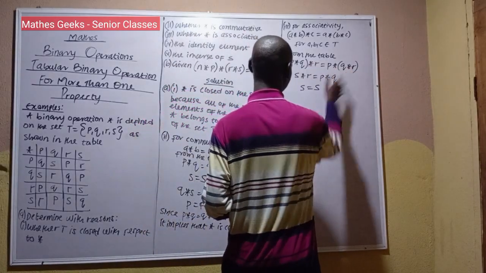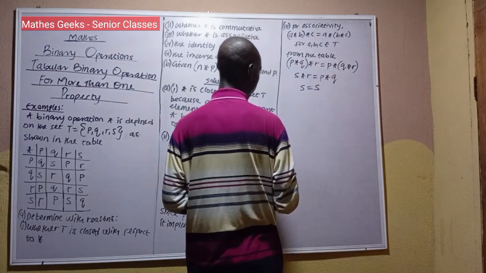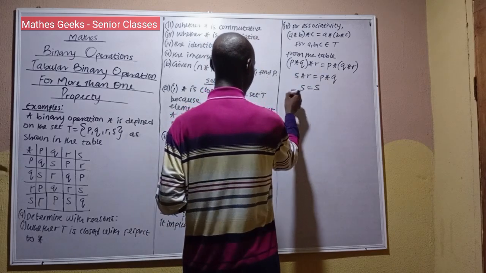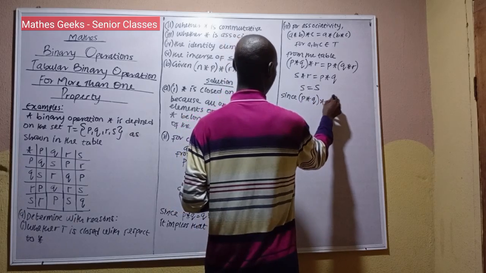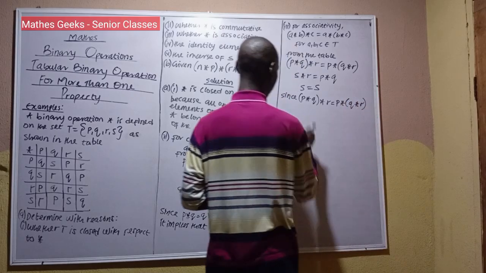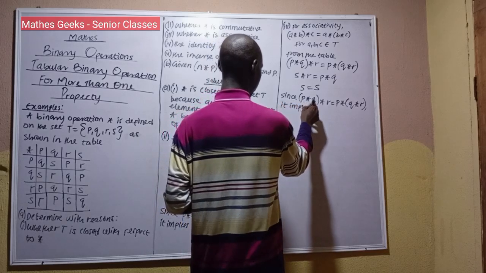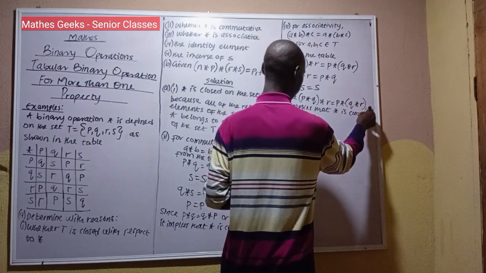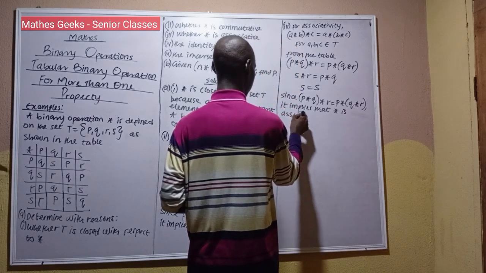What we have here is equal to what we have here. In all cases, one proof is enough, so we don't need to check other elements. Since (P star Q) star R is equal to P star (Q star R), it implies that star is associative.